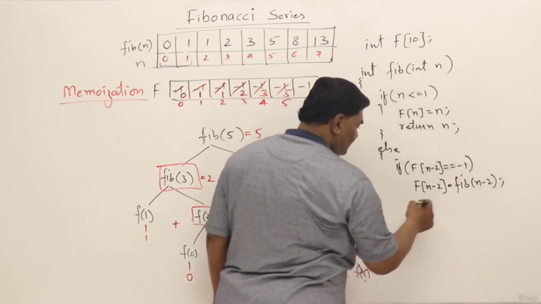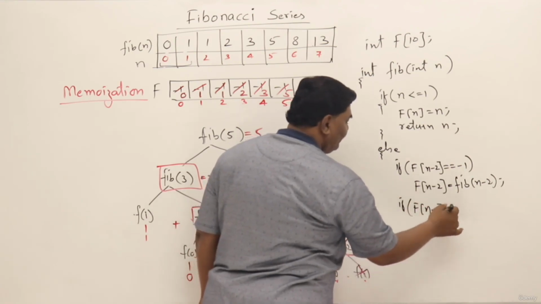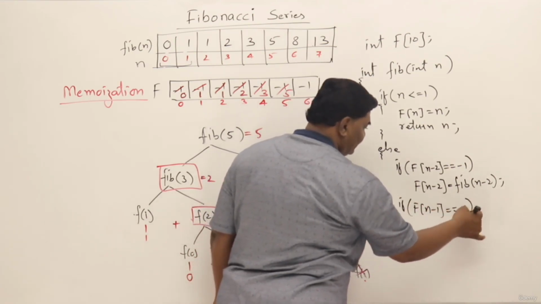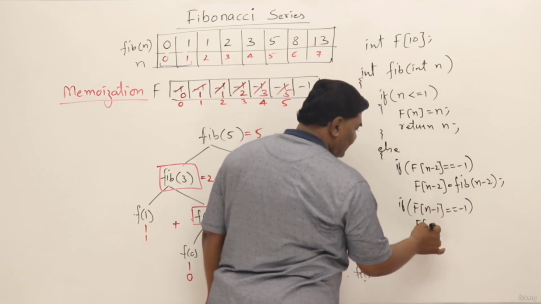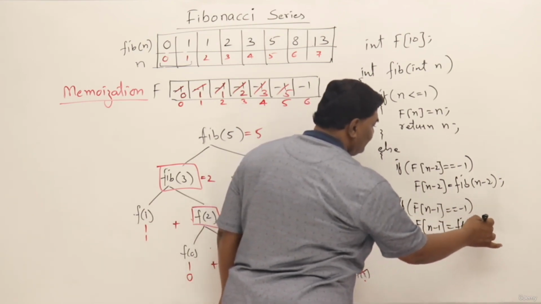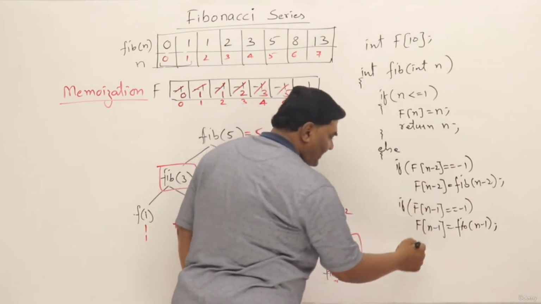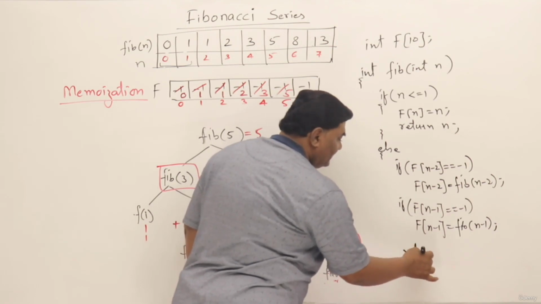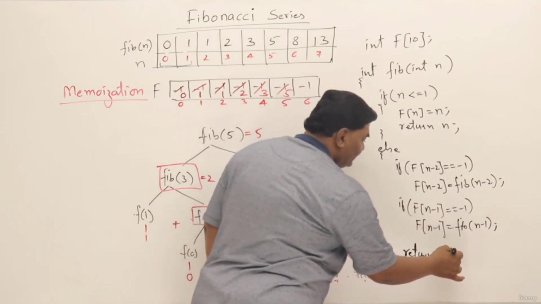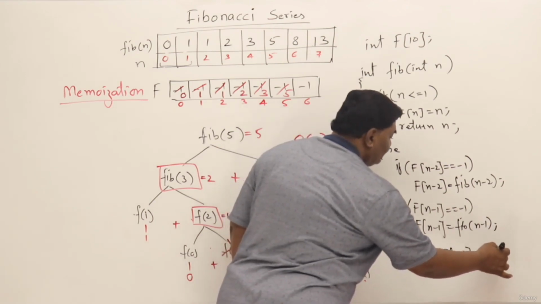So here we will make a call. Similarly, if we don't know the value of fib of n minus 1 and it is minus 1, then make a call for fib of n minus 1 and store the result in f of n minus 1. Now we have two values, then simply return the addition of these two values, that is fib of n minus 2 plus fib of n minus 1.